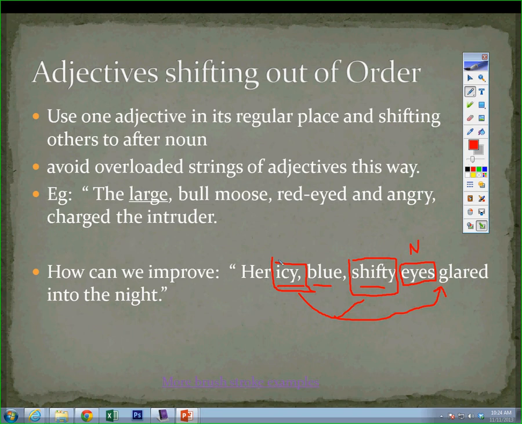And what personality traits do you associate with icy or shifty? Well, icy would be cold, perhaps calculating. Shifty would be not too trusted or nervous. And so again, what these two words, by shifting them out of order, do is add more emphasis and a little more implication to characterize this person.